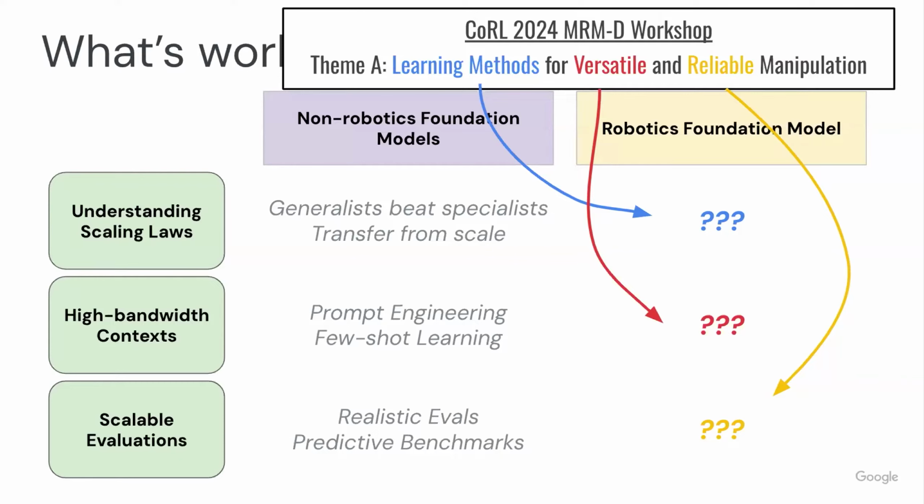For scaling laws, when we say learning data-driven systems, we'd like to have some confidence that we know the dynamics of how our learning is going to go. We want versatile manipulation, that is very robust in all sorts of situations and can generalize. I'd argue that high bandwidth context is what's working in foundation models. And finally, if we want reliability, we need evaluations and benchmarks, and to really understand that we're testing and measuring in a very robust manner.